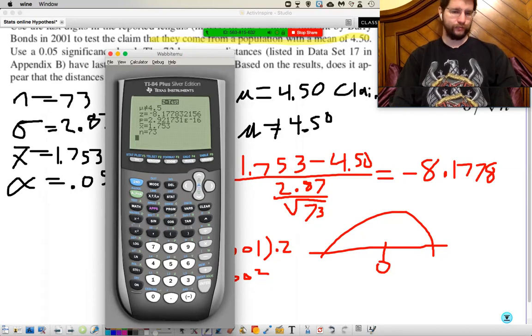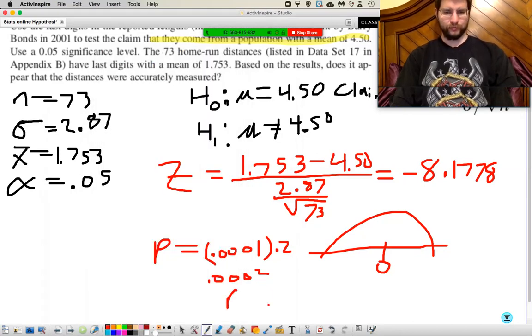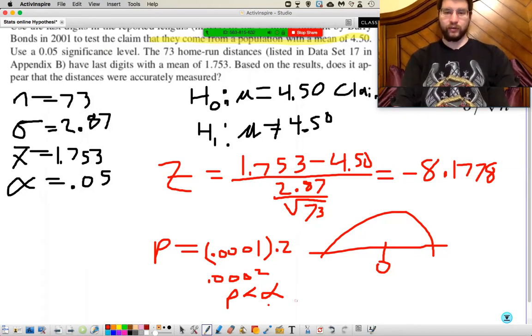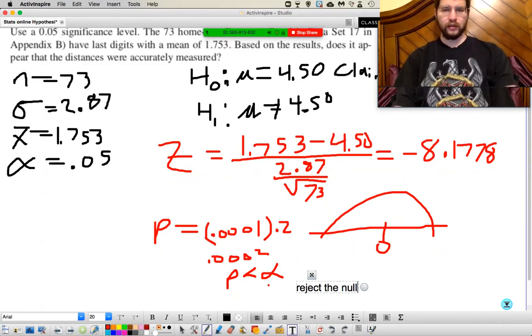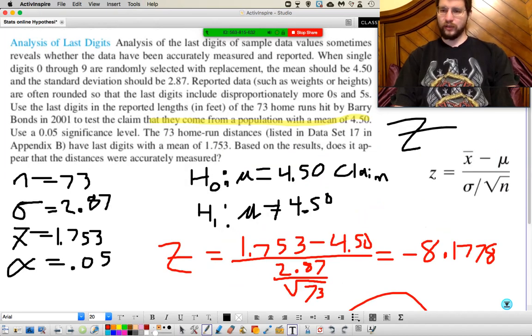P is less than alpha, we reject the null. Claim is in the null. So there's enough evidence to reject the claim.